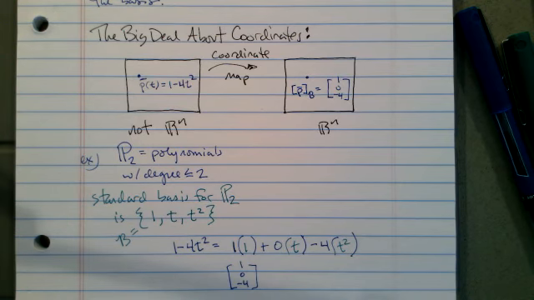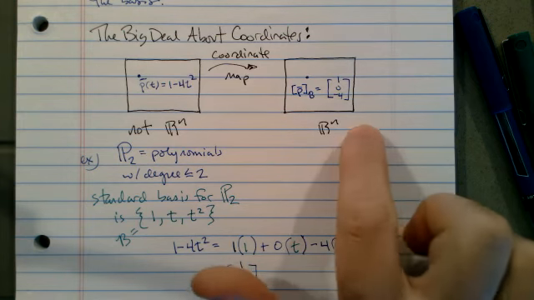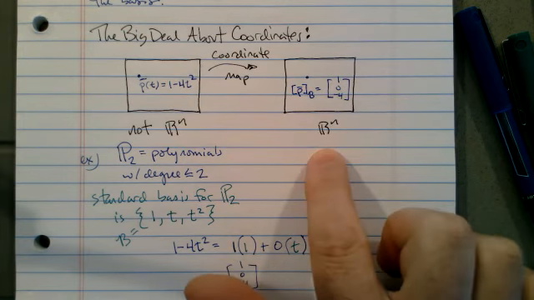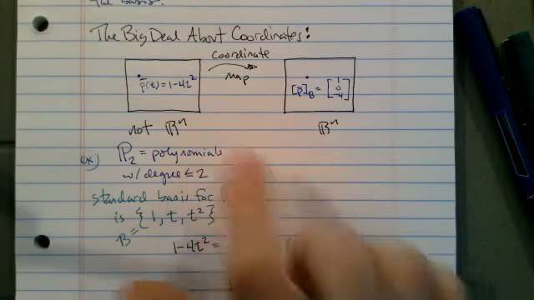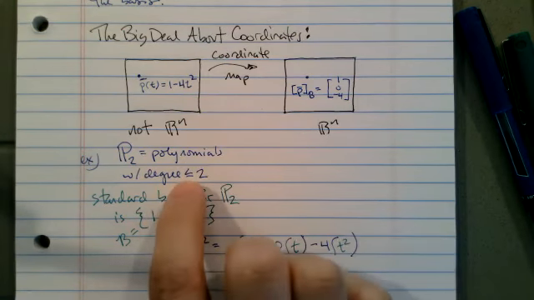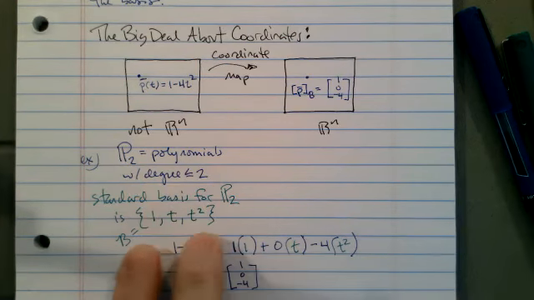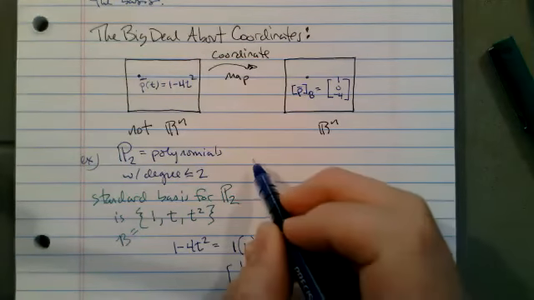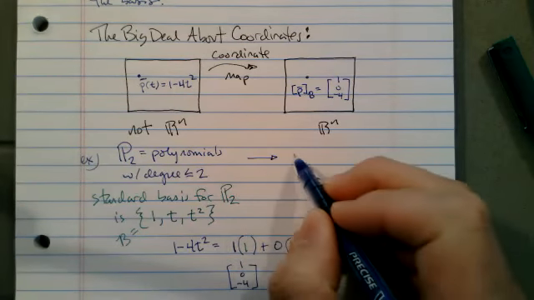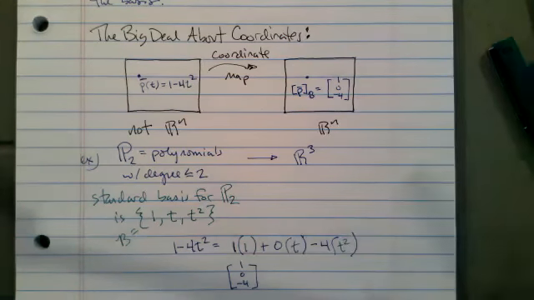The square on the right represents Rn. And this square here is polynomials with degree less than or equal to 2. Since there are 3 vectors in a basis for P2, in this example we map this over to R3.